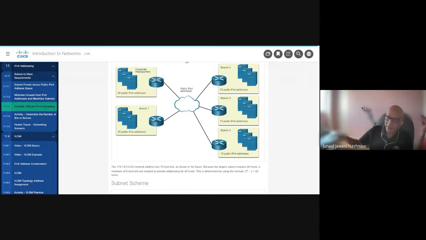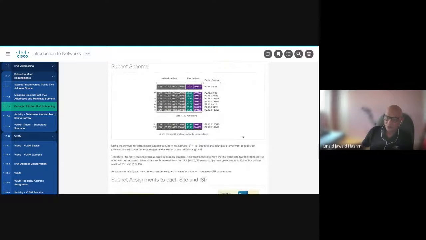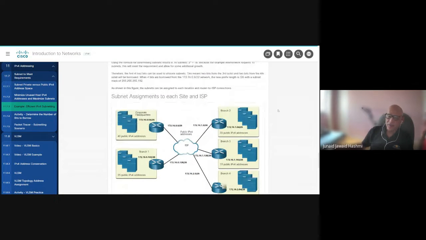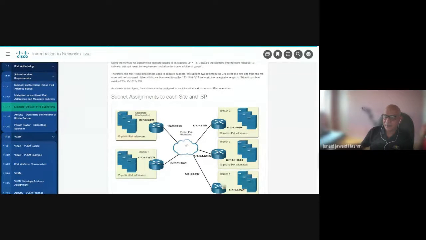Once you have created your subnets, here when I created the IP network with the IP calculator, I have all my subnets. Then all I have to do is assign a network ID to each network.